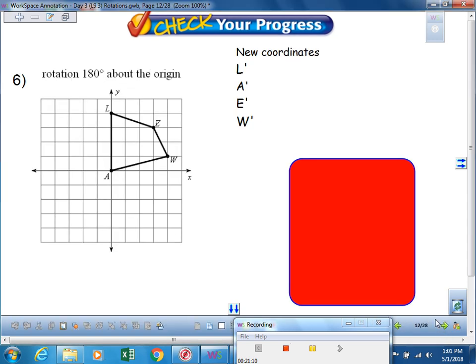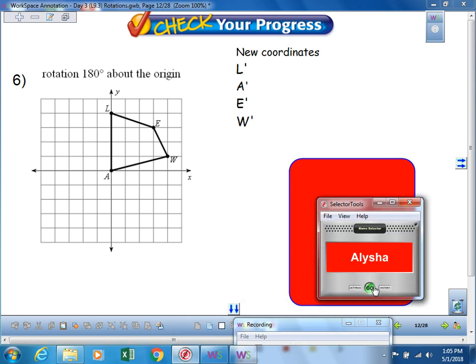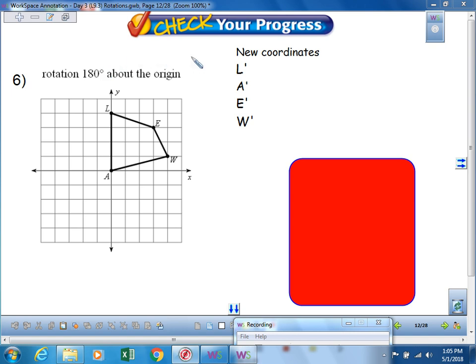All right, do one more. Ordered pairs on the chopping block. Ryan, for which one? L prime is (0, -5). Okay.